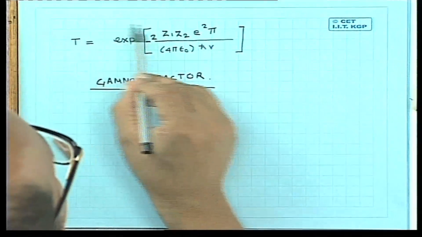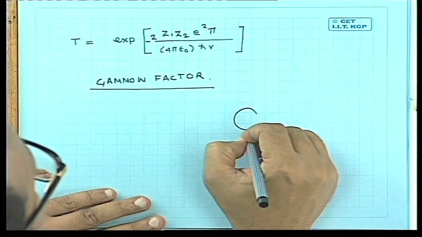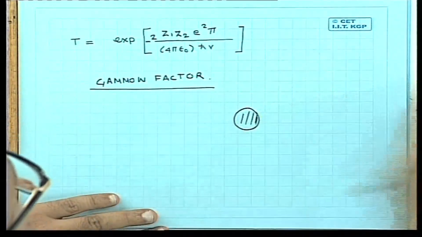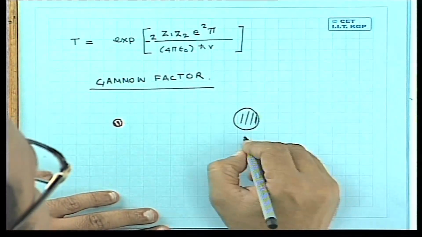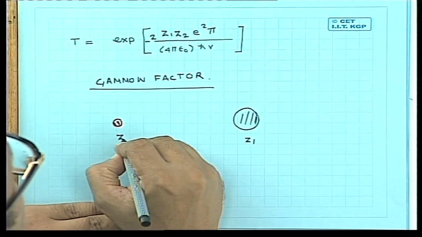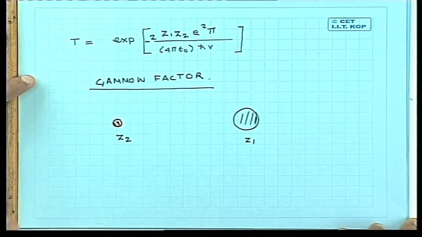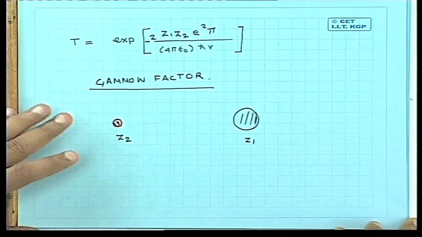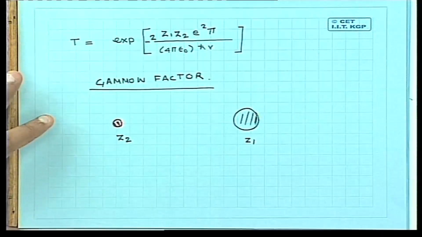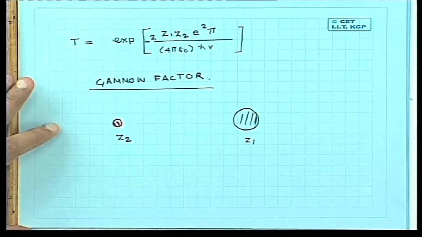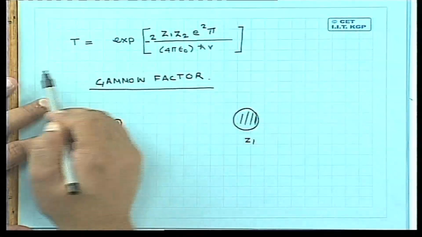So what is the effect of this factor? If I have a nucleus and I am bombarding some particle, so this is Z1, and if you calculate the nuclear reaction rate or some quantity like that, taking into account the nuclear interaction, then the actual reaction rate will get reduced by this factor.